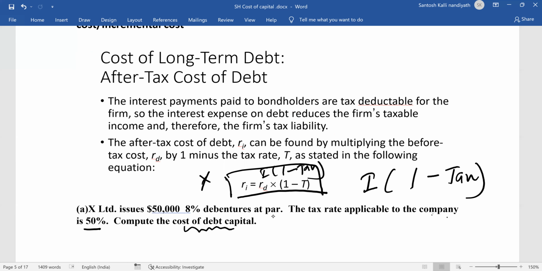Could you let me know? Cost of debt will always be in the form of percentage. I'm just looking for the percentage.